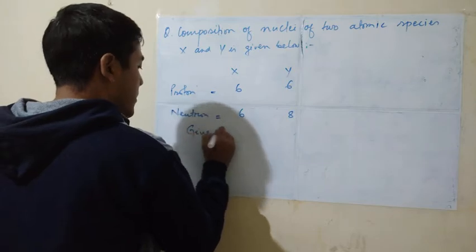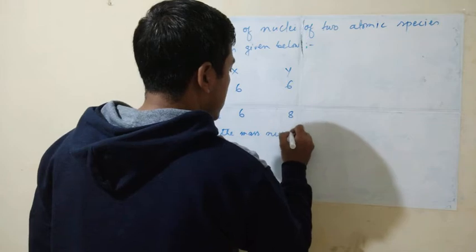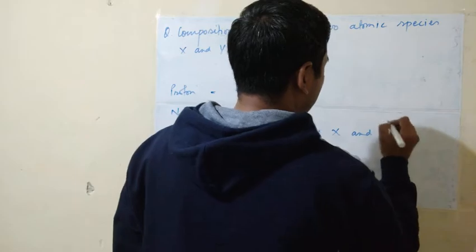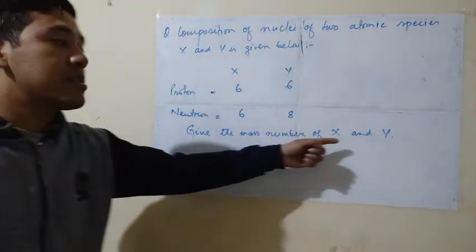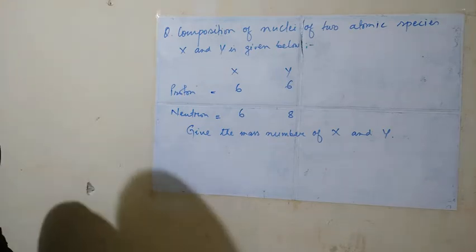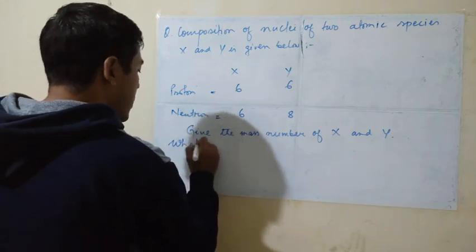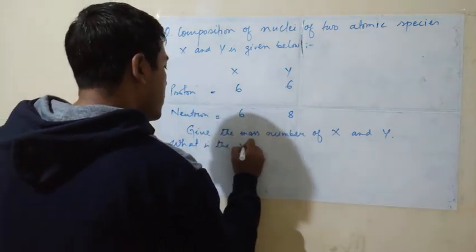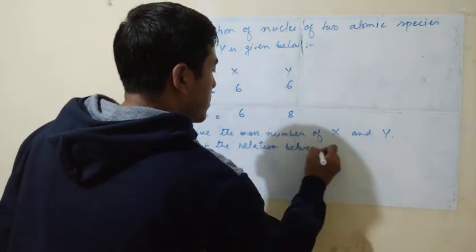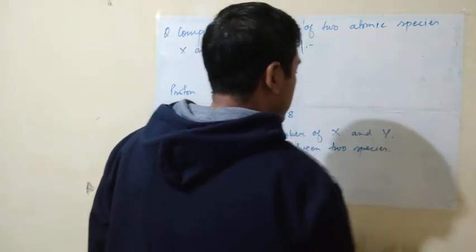Give the mass number of X and Y. Then calculate the mass number of X and Y. And also, what is the relation between the two species?